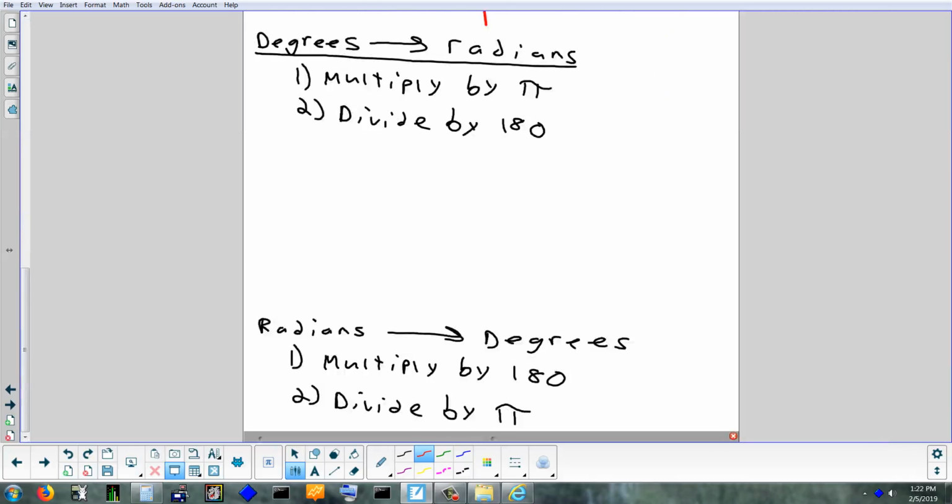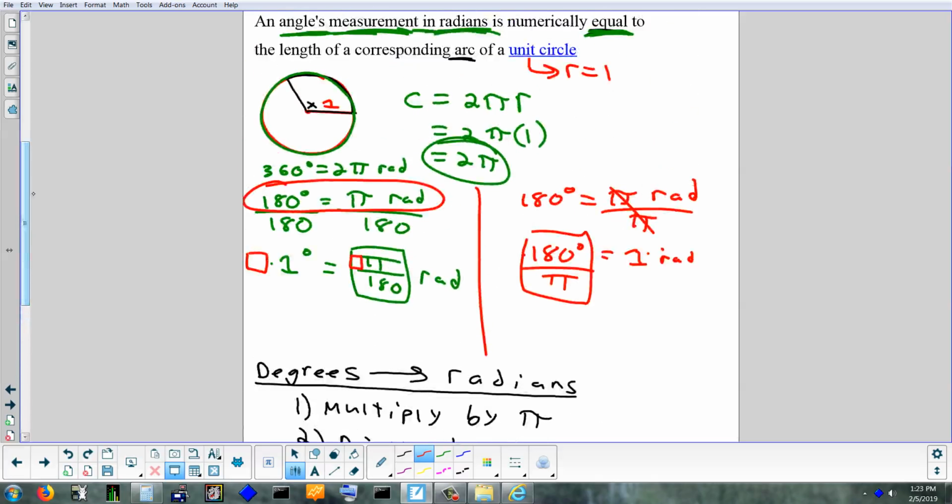Okay, I'm going to show you a very simple way to remember which way is which when we do a problem. The only thing you have to remember in order to know those two steps is when you think degrees, I want you to always think of the number 180.